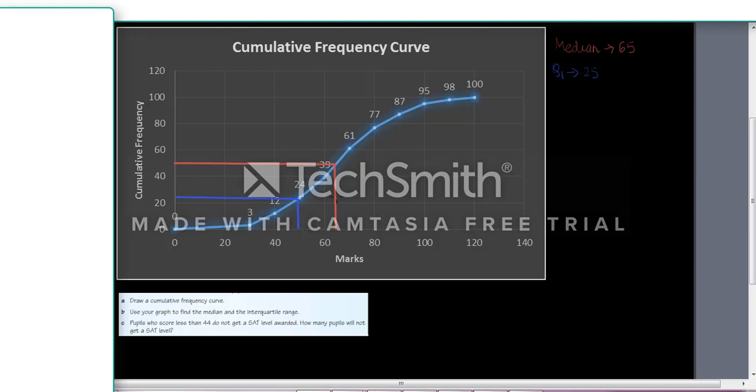Now let's do it for the upper quartile, that's Q3. So Q3 is going to be 75% of the values. So it means 75 is what I need to locate. This is 60, that's 80, this is 70. So somewhere here would be a 75.